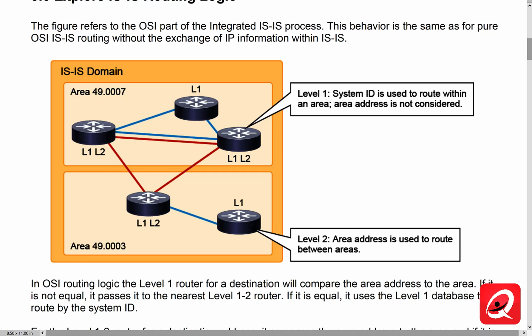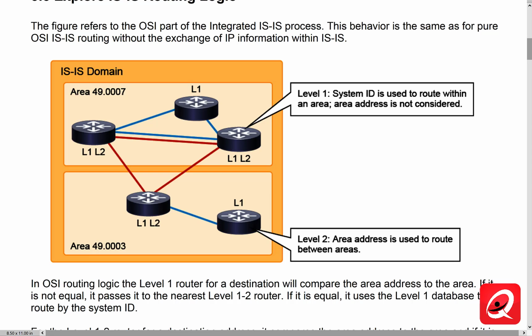So we use our level 1 database to route by the system ID, which uniquely identifies that destination in the area. For the level 1-2 router, for a destination address, we're going to compare the area ID as well to the area. And if it's equal, we're going to use our level 1 database to route.